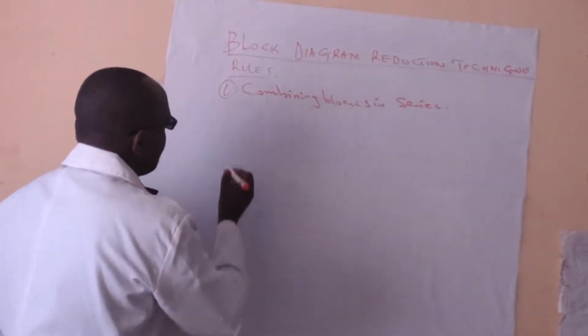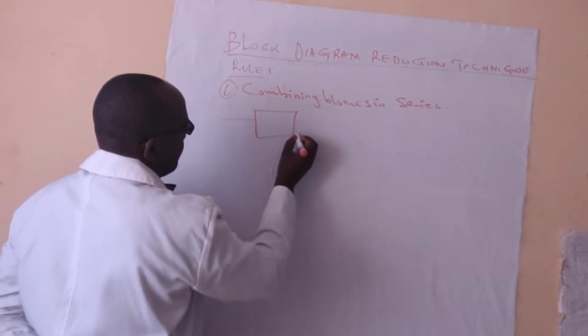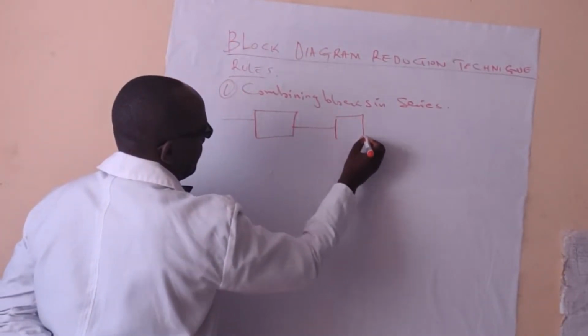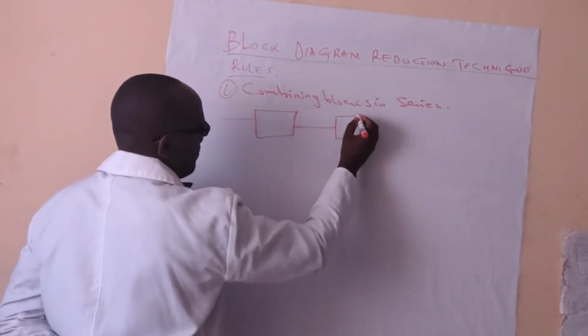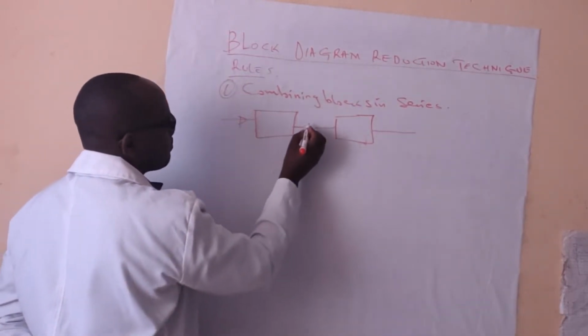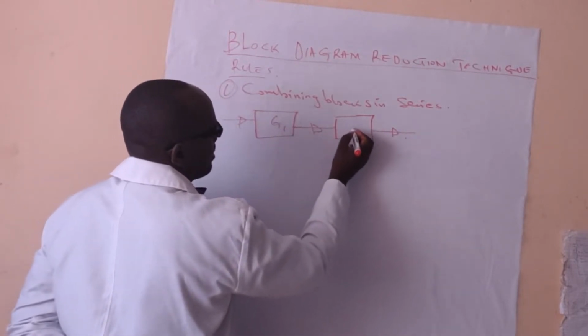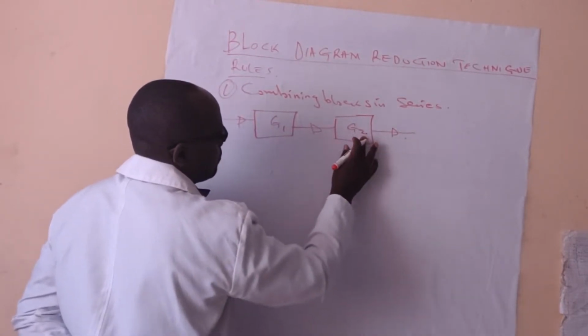For example, you can have a block diagram like this. You can have this one to be G1, G2.